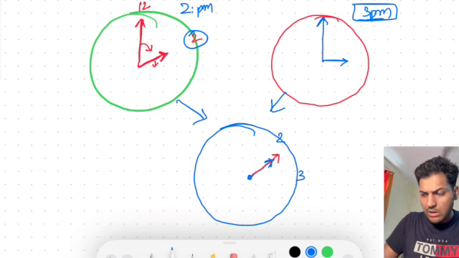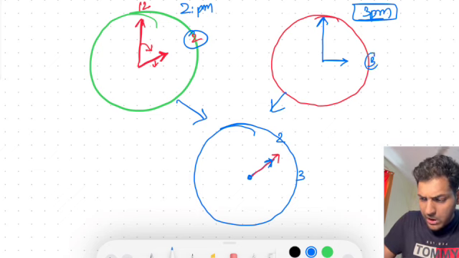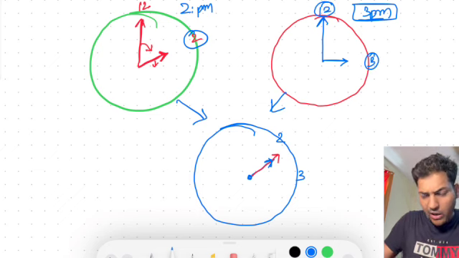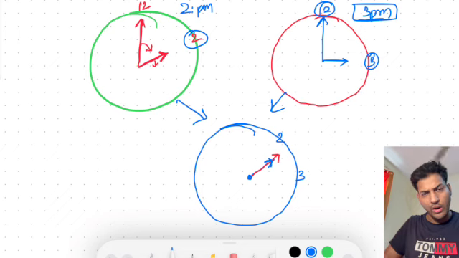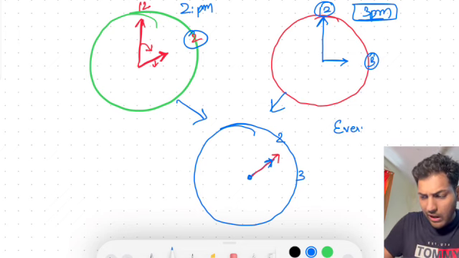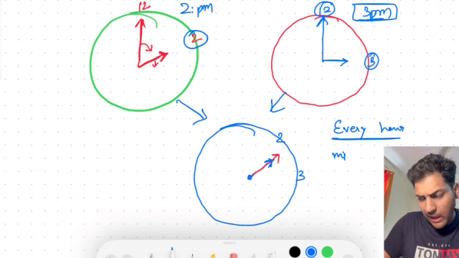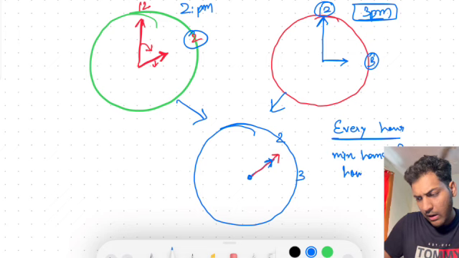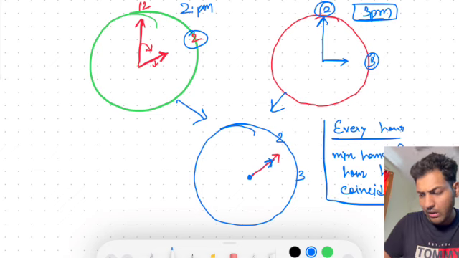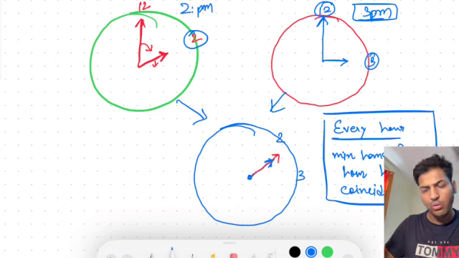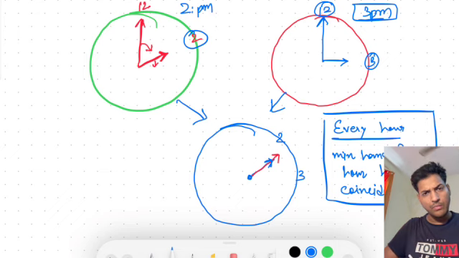Now this is a very important concept in clocks, coinciding of minute hand and hour hand. You have already learned that every hour the minute hand and hour hand coincide once.